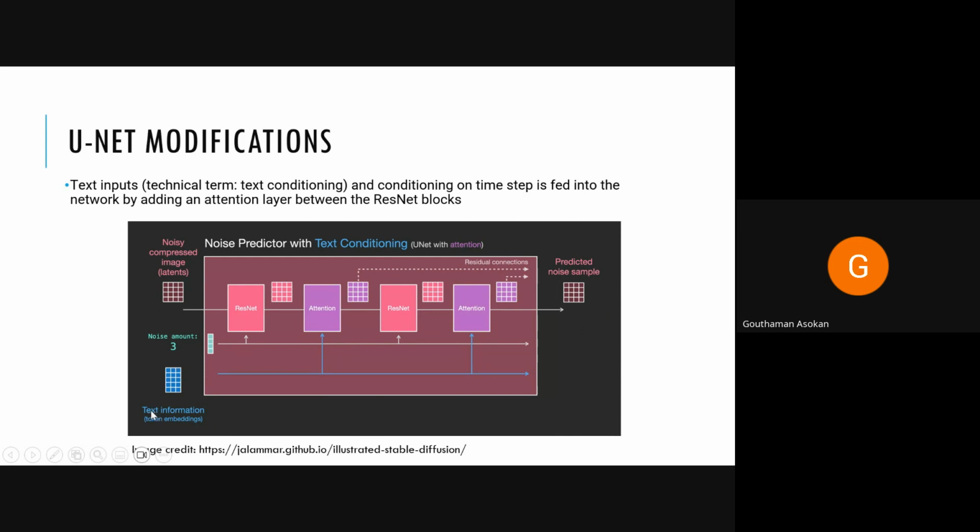The next thing is the text information. We use text conditioning, of course, because we write prompts and generate images with the help of them.